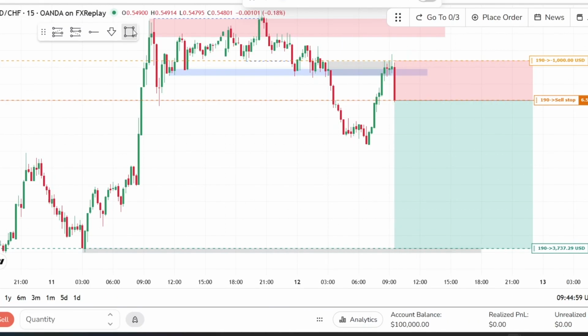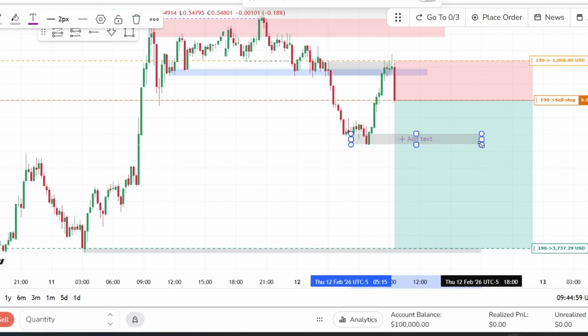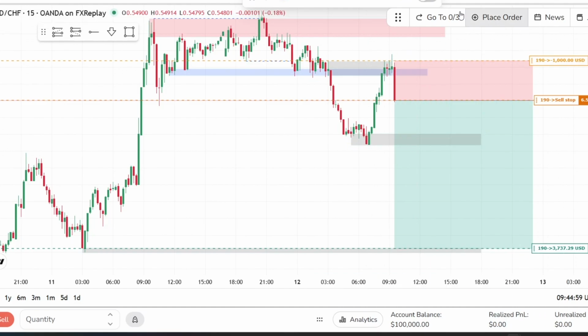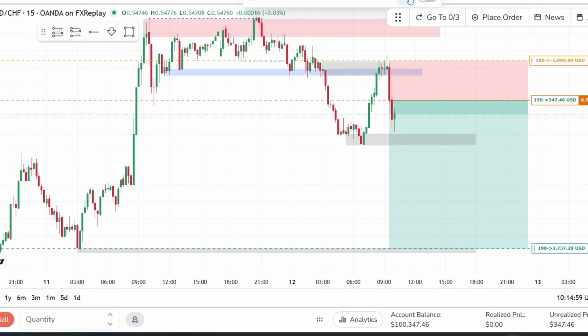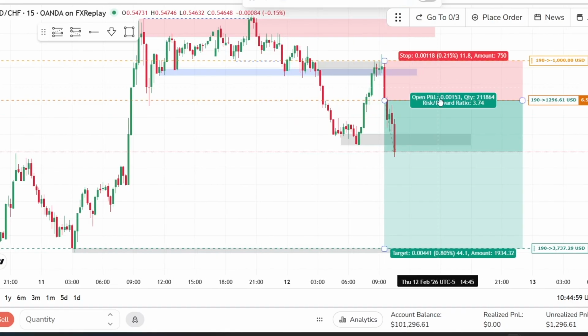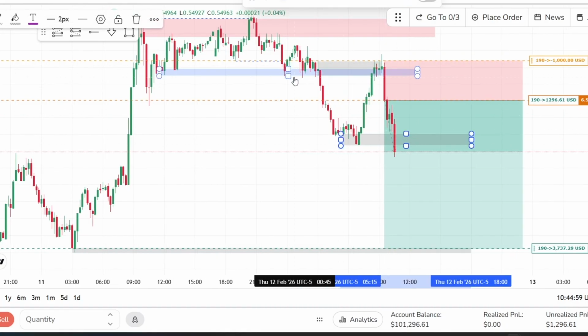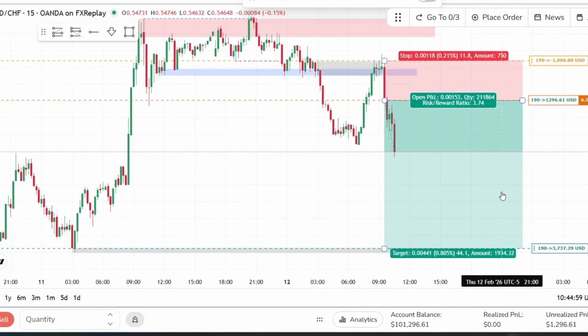Our first roadblock would be this. We would see how price is reacting around here. Does it break? Let's go. Price is moving, it retraces, and then it breaks here. So we wouldn't worry about this.